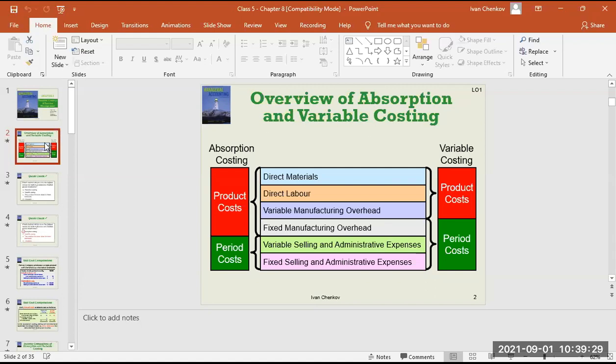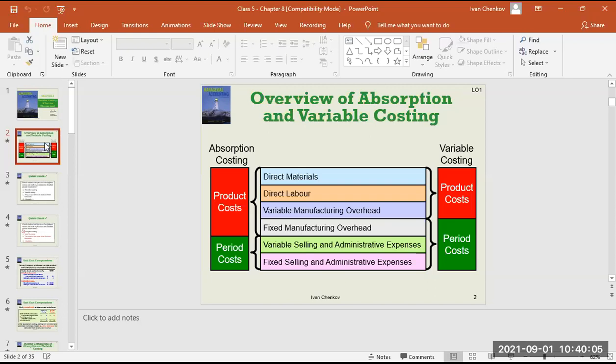Whereas absorption costing, for the product, absorbs or takes inside itself the entire overhead. So that will be direct material, direct labor, variable manufacturing overhead, and the fixed manufacturing overhead. So the difference between absorption costing and variable costing is the fixed manufacturing overhead. In absorption costing, the fixed manufacturing overhead goes into the cost of the product, increasing the inventory.